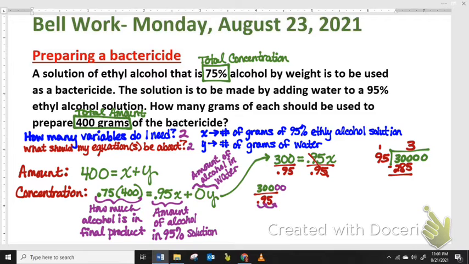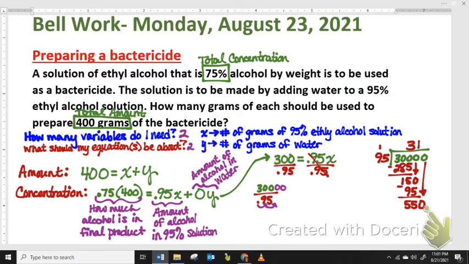Subtract that off. How many am I left with? 15. And then I'm going to bring down a 0. How many times does 95 go into 150? Once. Just once. So I have 95. I'm going to subtract that. What does that leave me with? 55. I'm going to bring down my final 0 here.